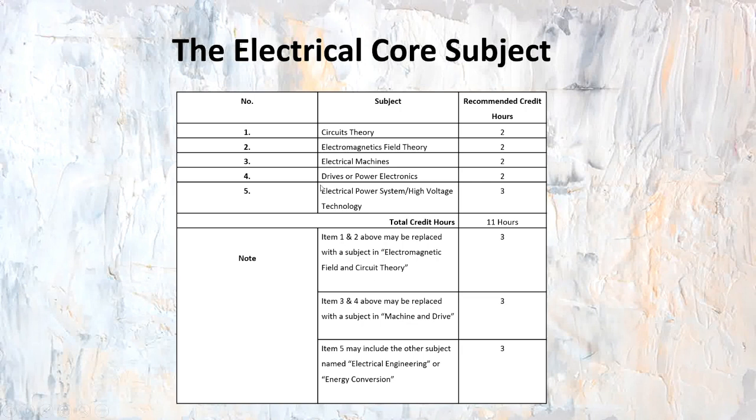Other than that, the electrical machines and drives or power electronics may be replaced with a subject in machines and drives with 3 credit hours recommended. Lastly, the electrical power system or high voltage technology may be replaced with another subject named electrical engineering or energy conversion with 3 credit hours recommended.